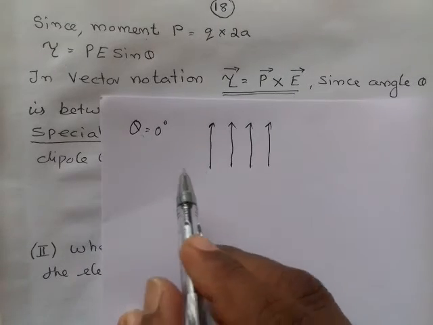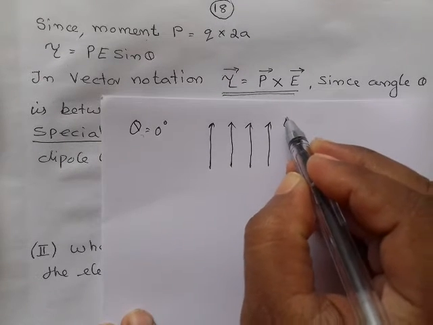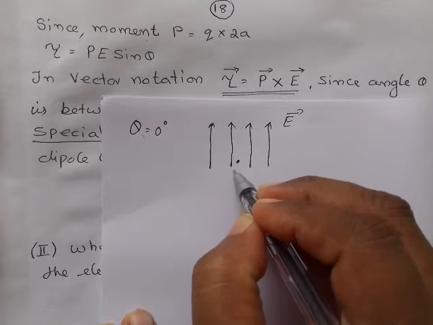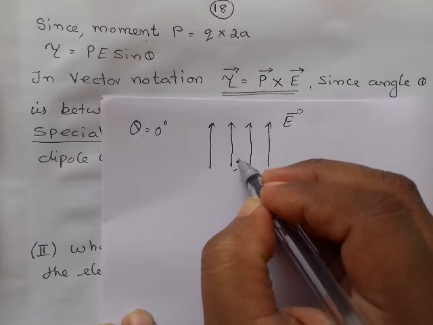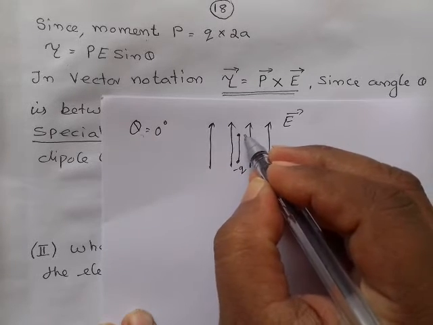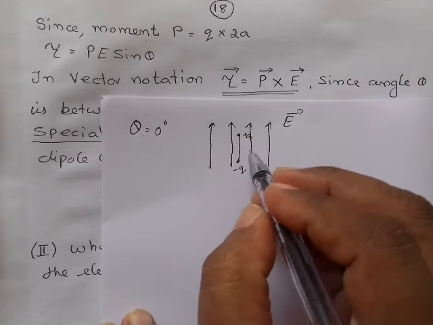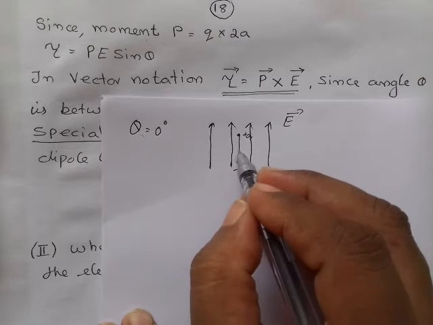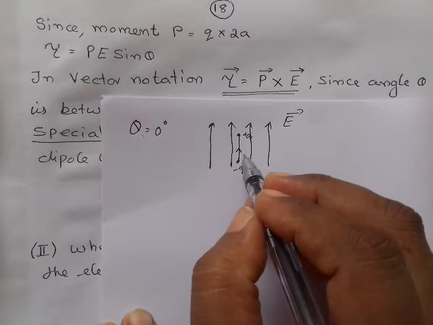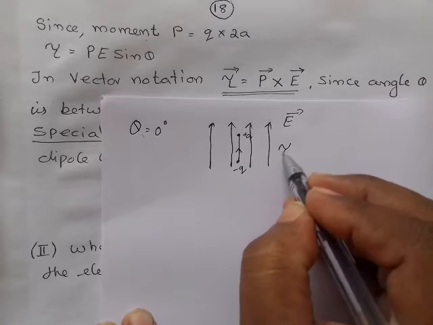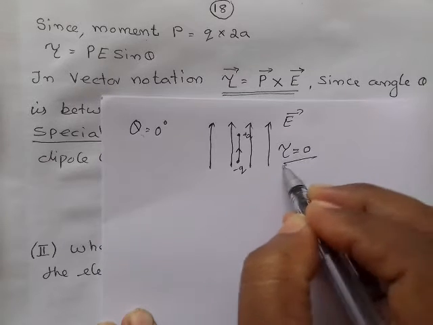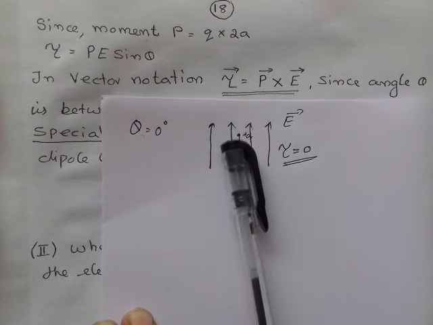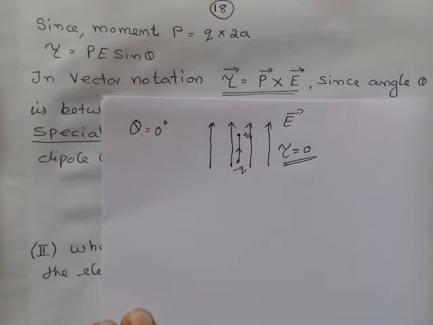This is the electric field and this is an electric dipole placed like this, so that the angle between them is 0 degree. This direction and this direction are parallel, so angle is 0 degree. So no torque is acting. When the electric field is in the same line as the dipole, no torque is acting.